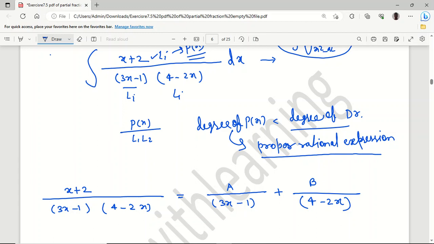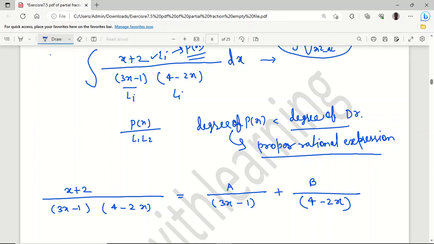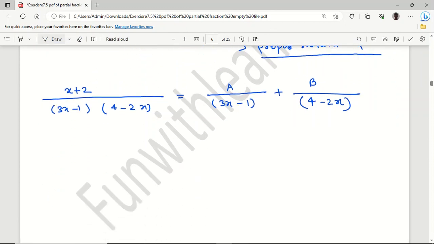It means that the given LHS expression and the RHS expression are the same. I just want to find the proper constants, the values of A and B. Then we'll easily be able to integrate by separating them into two integrations. This is the advantage of partial fractions.